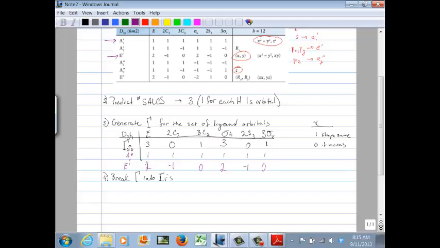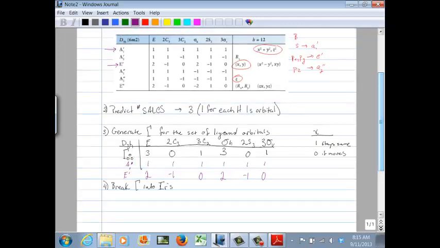Because you have to add 1 plus something to get to 3. Now, I have 2 irreducible representations here. Do I have 3 SALCs? Remember that these A and B irreducible representations are 1-dimensional, and that the E irreducible representations are 2-dimensional.